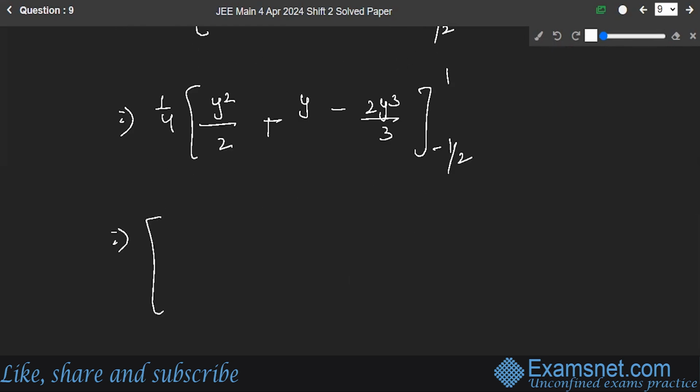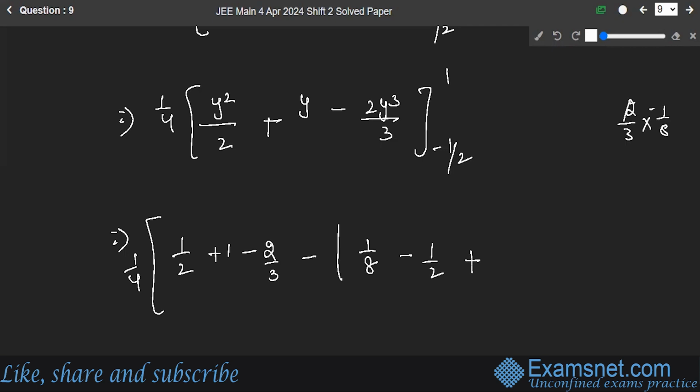This will be 1 by 4 outside, 1 by 2 plus 1 minus 2 by 3, minus of this, which will be minus 1 by 8, and here minus 1 by 2 plus 1 by 8, 2 into upon 3 into minus 1 by 8, this will be minus 1 by 12.